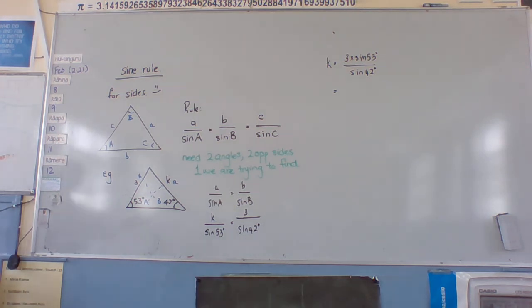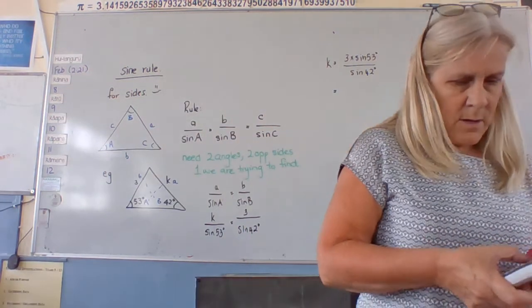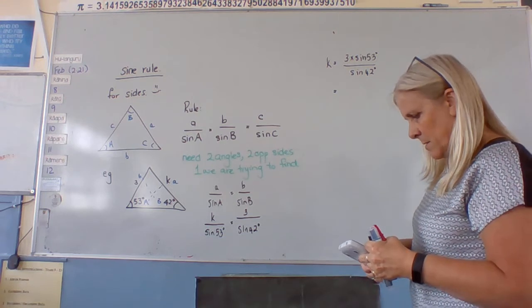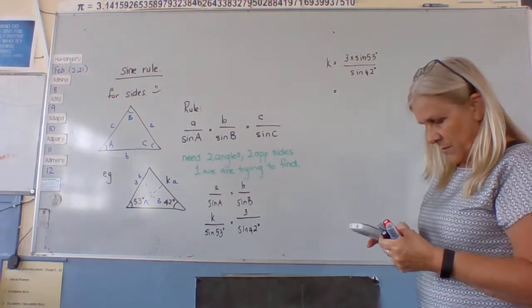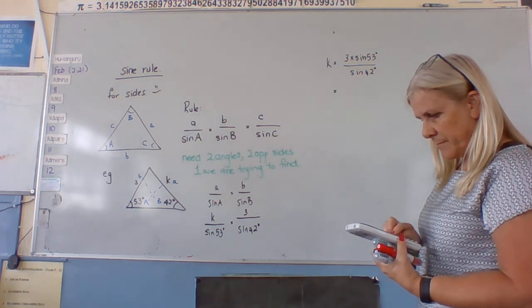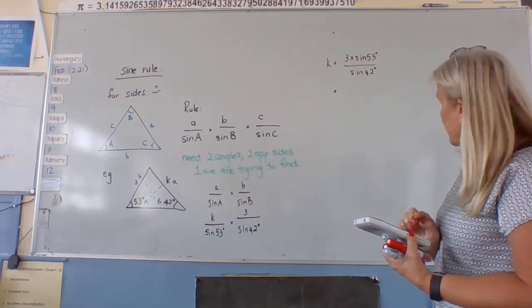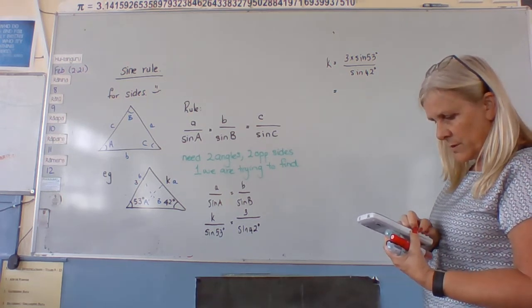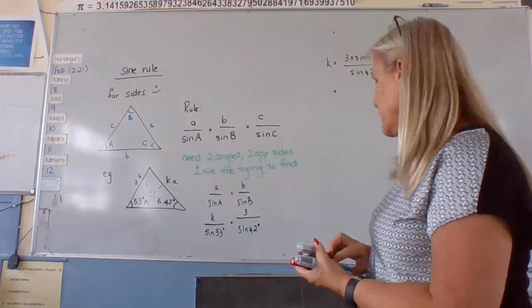One of these calculates degrees and one radians, so I have to keep jumping between. So 3 times sine 53 divided by sine 42 equals 3.58.